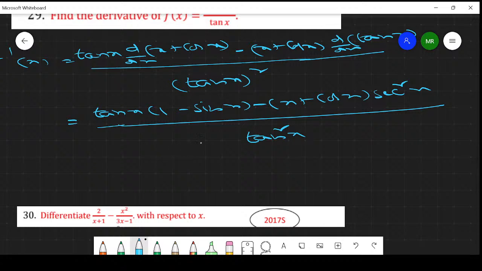If you multiply cos x into secant square x, cos x means 1 by secant x, so one thing I can eliminate, and that will be secant x by tan square x.